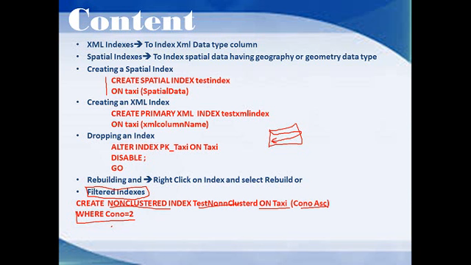So far, what we saw is that there are two major indexes, clustered and non-clustered index. In addition to this, if we have an XML data type, we can index that using an XML index. If we have spatial data, we can use a spatial index. Or if you need to filter a given index, we can use a filtered index, and this is the syntax.